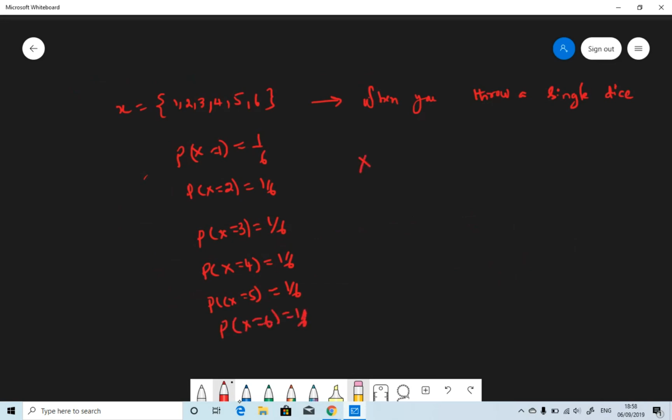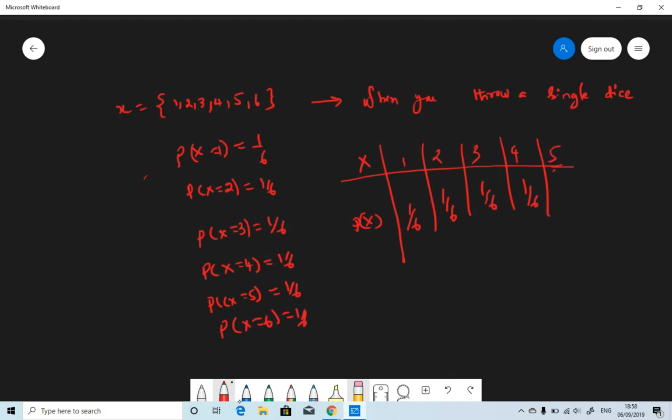Now I am creating a probability table. 1 will be 1 by 6, 2 will be 1 by 6, 3 will be 1 by 6, 4 is 1 by 6, 5 also 1 by 6, 6 also 1 by 6. Now how can I write this?